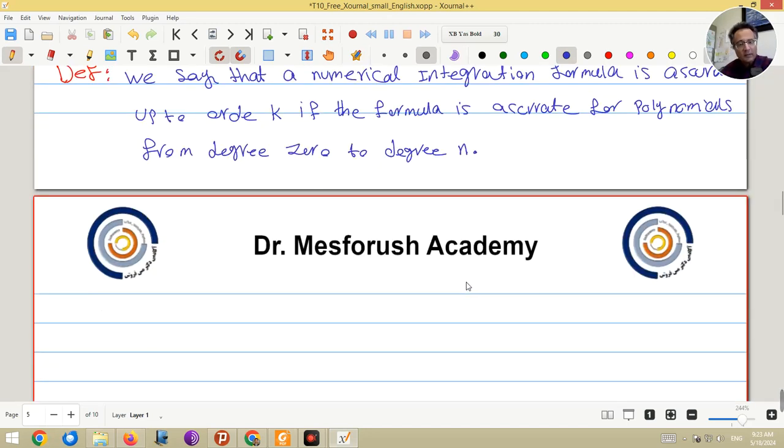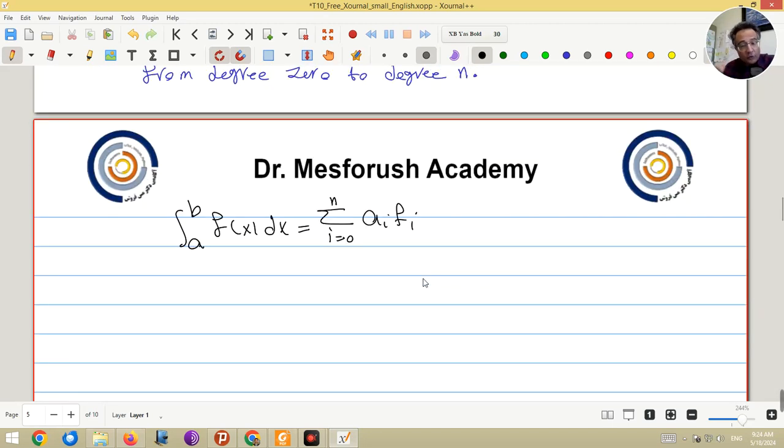Okay, what does it mean? It means that if we have, for example, the integral from a to b of f of x dx equal to the sum for i from 0 to n of a_i f_i, and this formula is accurate, for example, up to order 3, it means that if you put the function 1 instead of f, this formula should be equal.